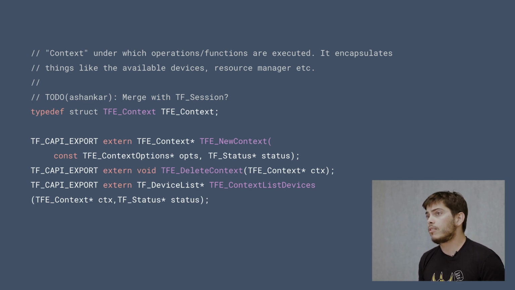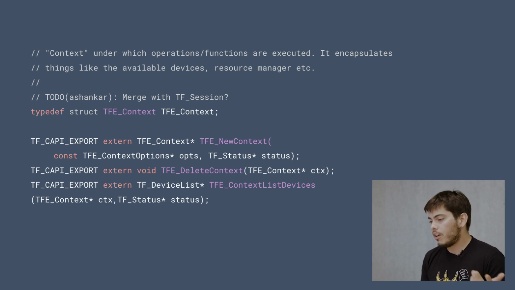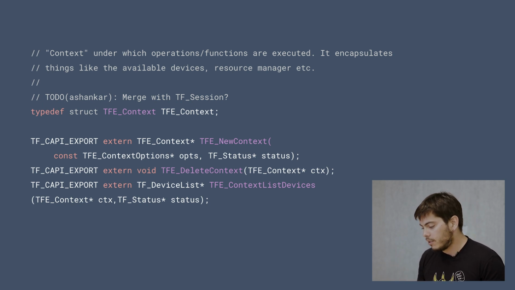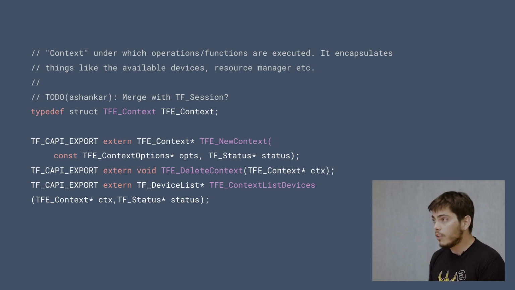One thing I'd like to call out is that right now, there are some things that are done in Python, like storing whether you're in eager mode or in graph mode, and some things that are done in C++. And the set of things that are done in Python and the set of things that are done in C++ are likely to change. I think as TensorFlow evolves, more and more things should migrate from the Python context to the C++ context, which will make things more language agnostic, but also faster.